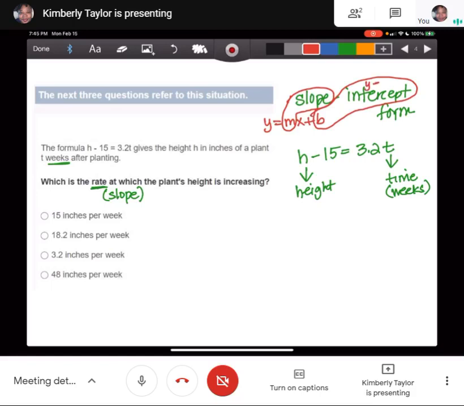Okay, so in this case, they're looking for the rate of what's happening each week. So each week, the plant is going to grow 3.2 inches. That's what this means here. I could rewrite this equation as h minus 15 equals 3.2t. I could add 15 to both sides.